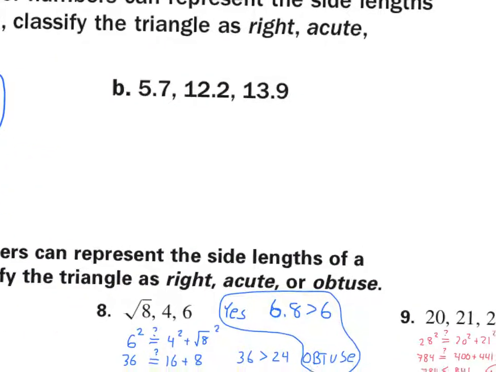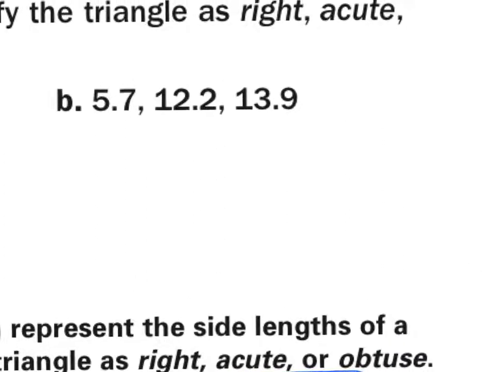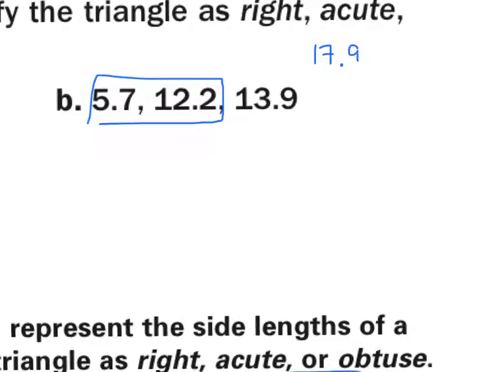Now let's look at B, some decimalization. So is this a triangle? Well, add these two potential side lengths together to get 17.9, and since those together are greater than 13.9, I say yes, it is a triangle.